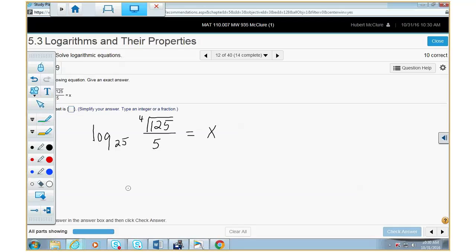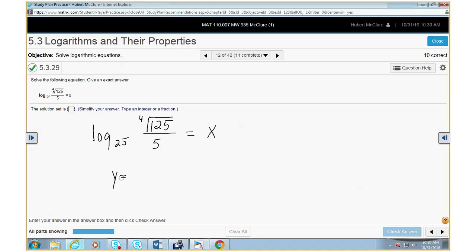All right. So y is equal to log base a of x yields a to the y is equal to x. So x is equal to log base 25 of the fourth root of 125 over 5.